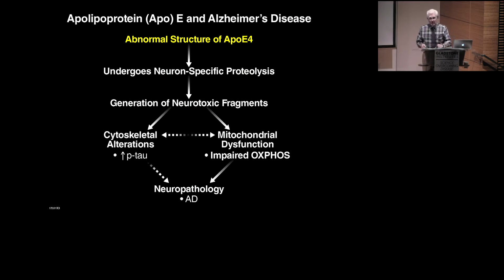What I will do now is to compare the structure of apolipoprotein E3 and ApoE4 and describe for you the abnormal structure of ApoE4 and discuss how it ultimately will lead to neuropathology and Alzheimer's disease. So that's how I would introduce this first set of data.